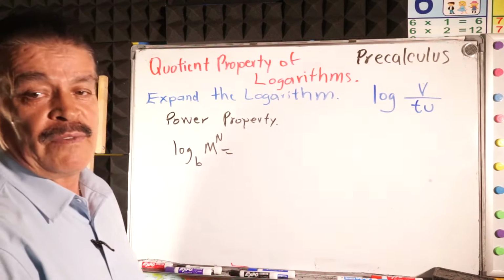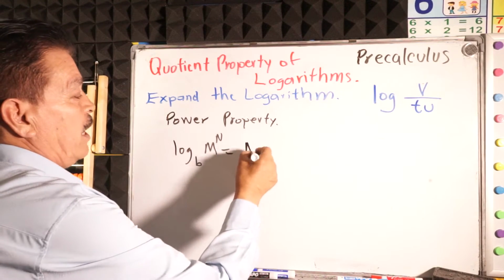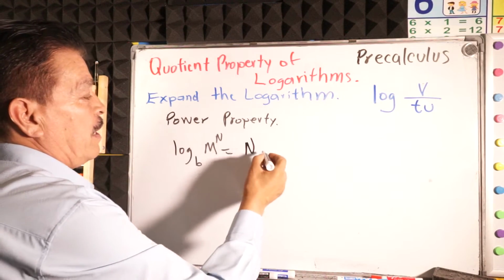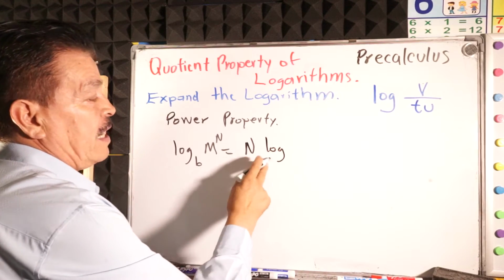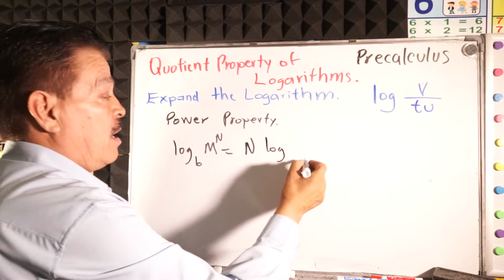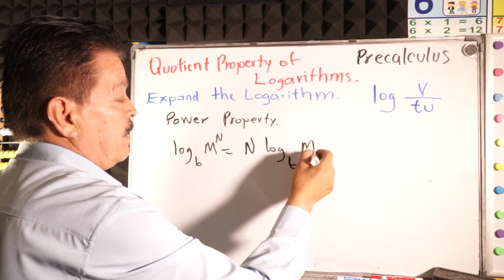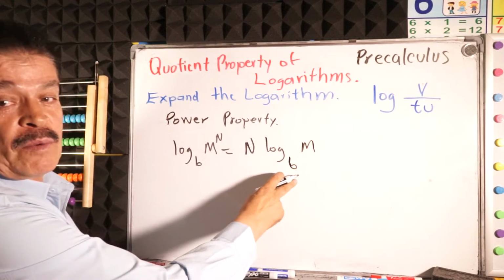This property equals, look, it's a little bit different, but it's easy. We have to memorize it: n times log m with the base b.